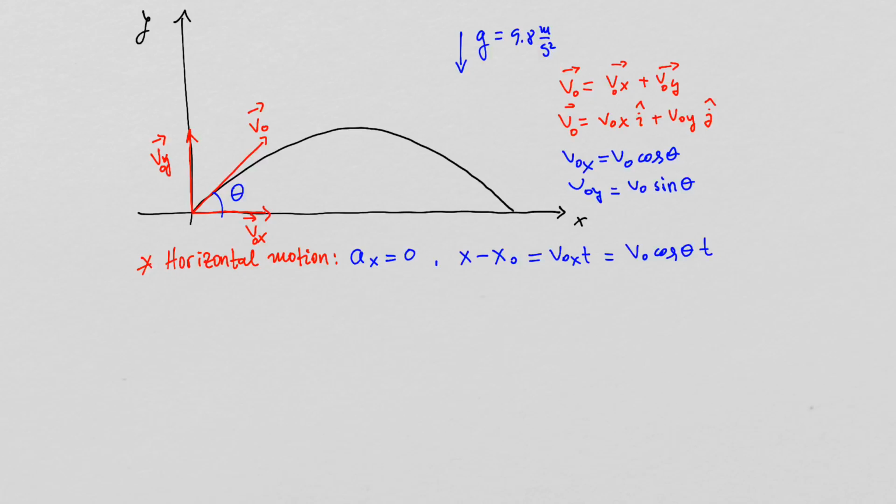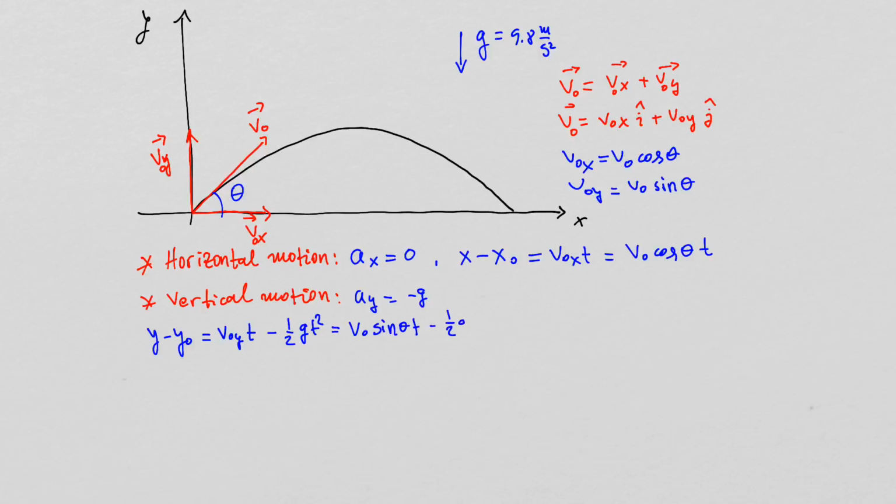For the vertical motion, the acceleration ay is equal to negative g. And so here we have several different kinematic equations that can be applied. The vertical displacement y minus y0 is equal to v0y times t minus 1/2 gt squared, which becomes v0 sine of theta times t minus 1/2 gt squared.